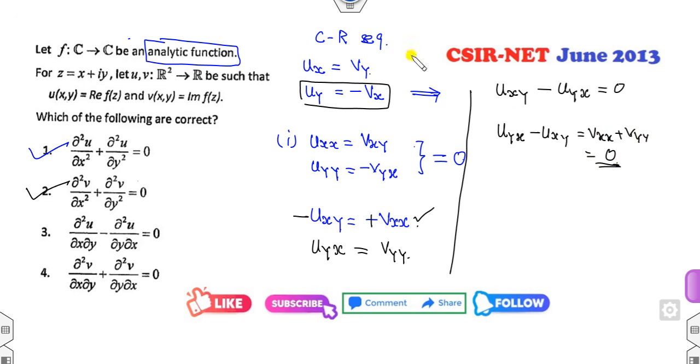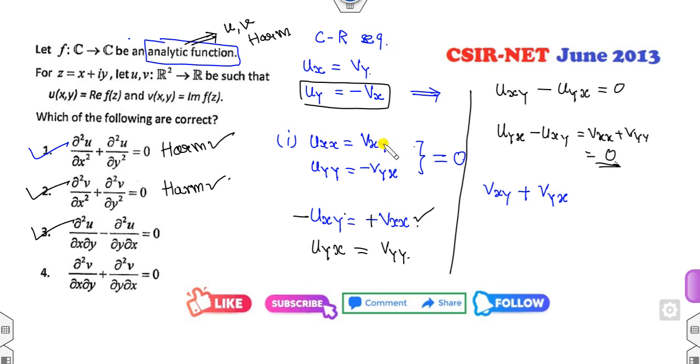This is 0 because f is an entire function, so u and v are harmonic functions. The first is harmonic, satisfied. This is also harmonic, satisfied. Since this is 0, this property is also satisfied. Look at this one, v_xy plus v_yx. If I add or subtract them, what will happen? What can you say about this problem?